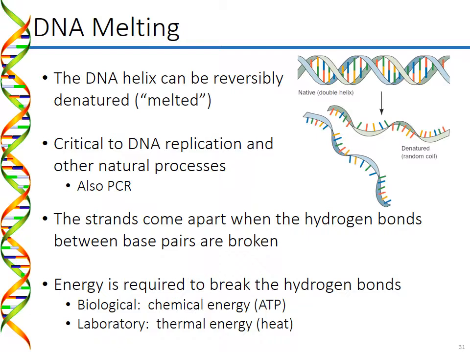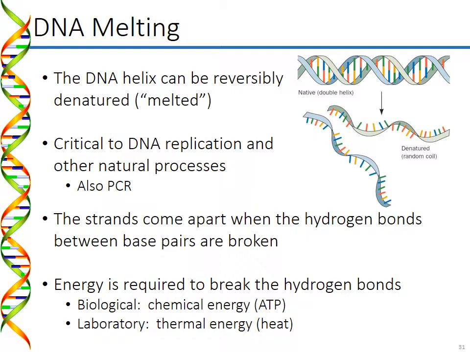It is a reversible process in that if you bring the strands back together in the proper orientation, the hydrogen bonds between the same bases can reform the same base pairs, and the two DNA strands will once again form the double helix structure. This reversible denaturing is critical to DNA replication and other natural processes that occur within the cells. And in vitro, we use this for various processes, starting with PCR.